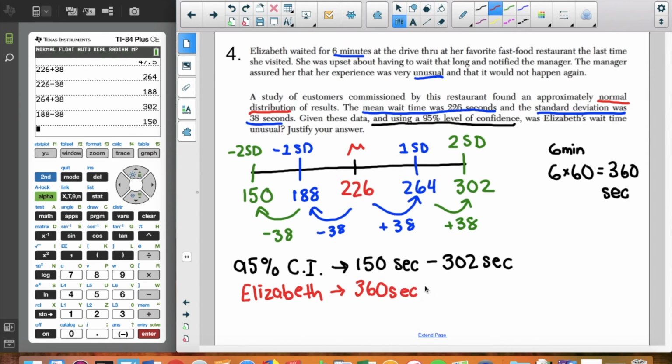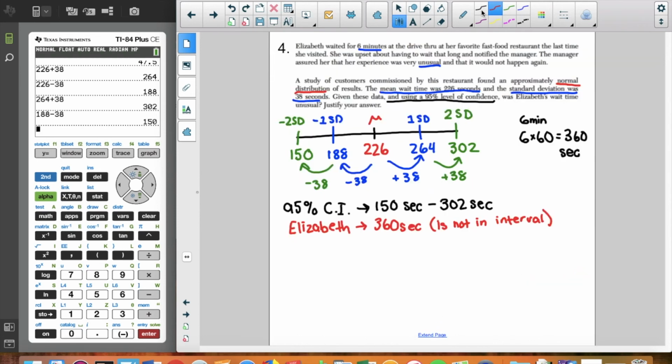So 360 seconds is not in this interval. So since it is not in the 95% confidence interval, Elizabeth's wait time was unusual. So that's what we're going to write.